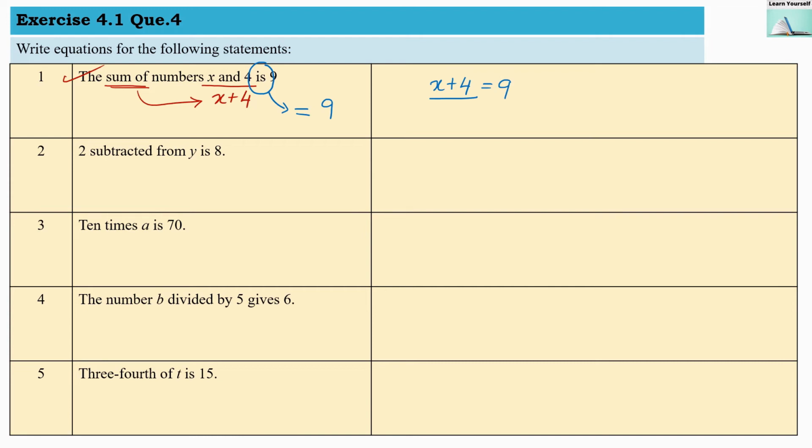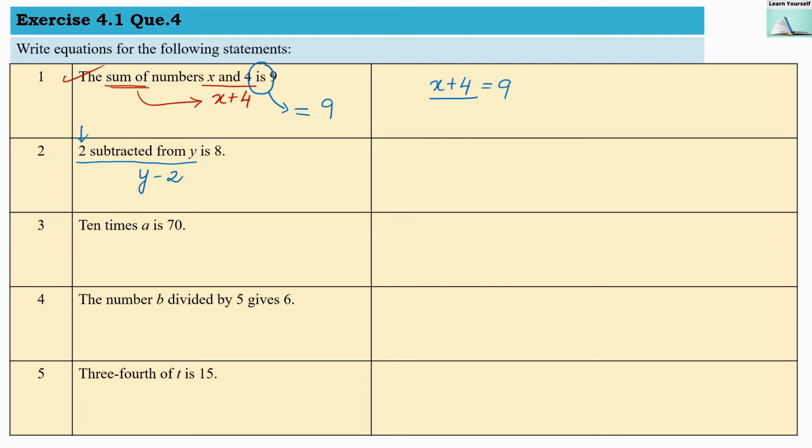Second, 2 subtracted from y. So 2 is being subtracted from y. Whenever subtraction is there, whatever number they have written first, you have to write it after the second number. So the meaning of this is y minus 2.